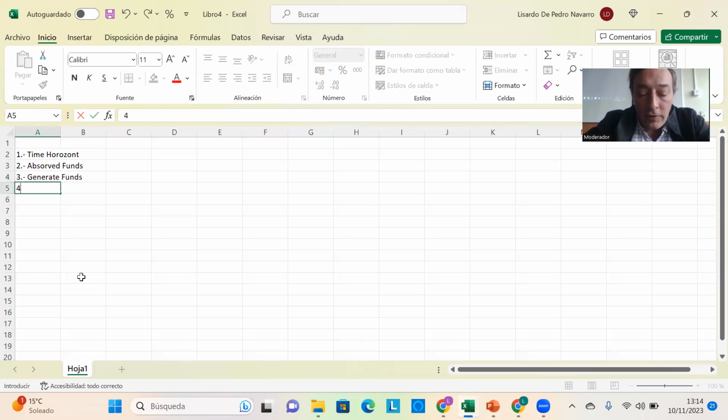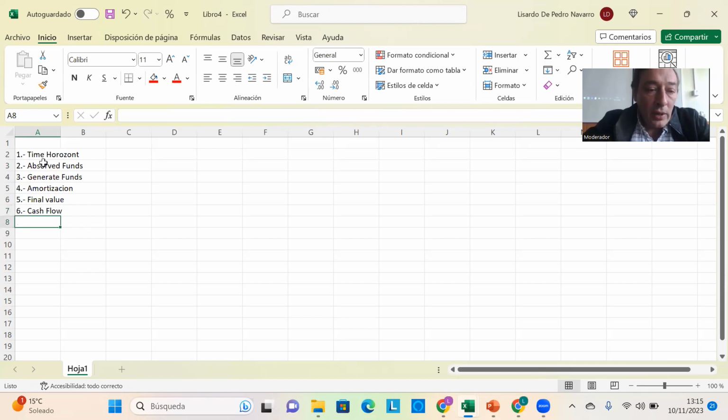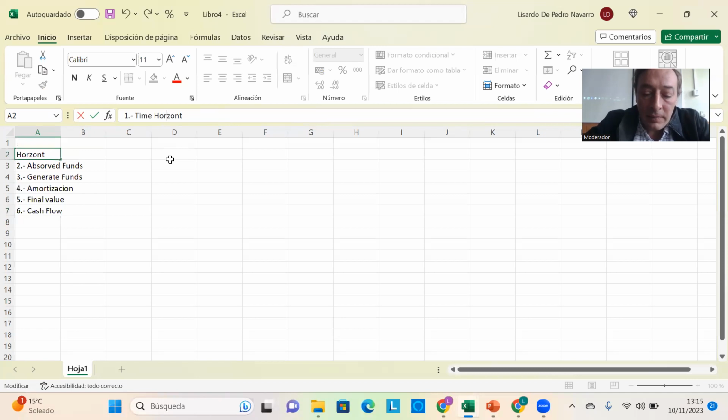Then we go for the amortization. And the fifth one is the final value of the absorbed fund. And the next step is the cash flow of the project. Great. So we are going to start with the time horizon.